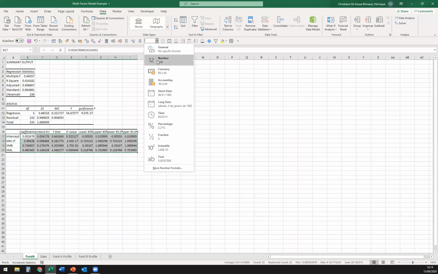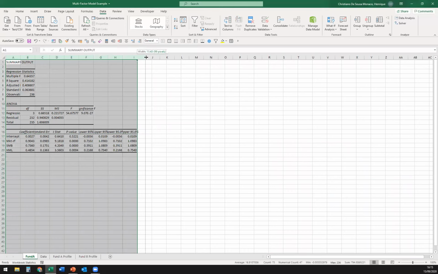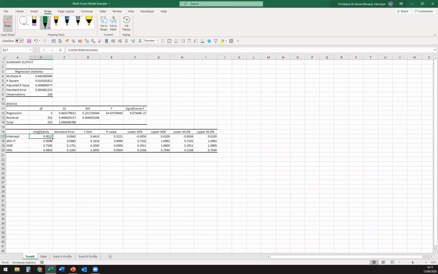So let's analyze it quickly. On the summary output, we can see that the intercept here is our alpha, right? Then the market minus risk-free, the small minus big, and the H minus L, or value minus growth.